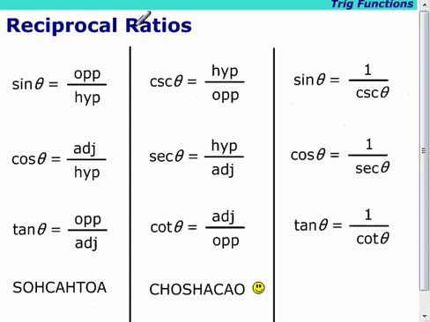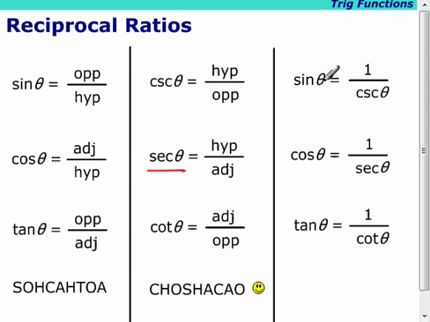We can also look at reciprocal ratios. So the reciprocal ratio, rather than looking at the opposite over hypotenuse, I could look at the hypotenuse over opposite. We call that the cosecant ratio. Similarly, if I have cosine as adjacent over hypotenuse, the reciprocal of that is called secant. Tangent, its reciprocal is cotangent, or adjacent over opposite.